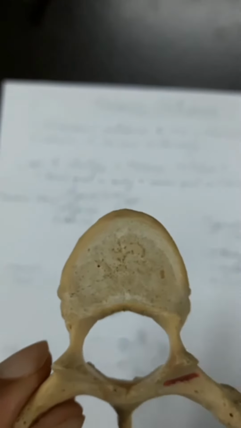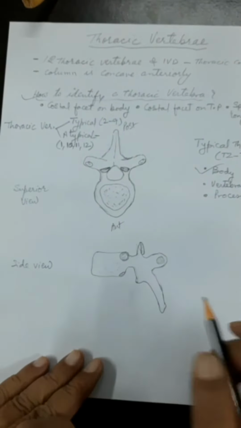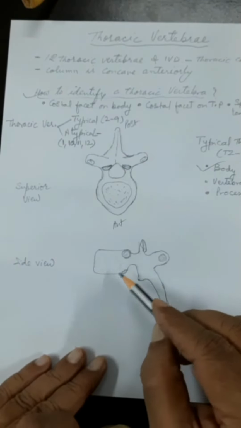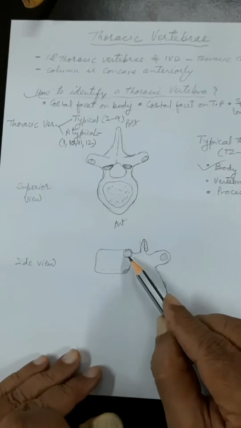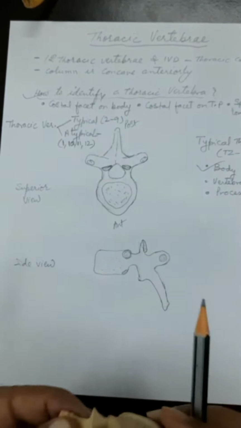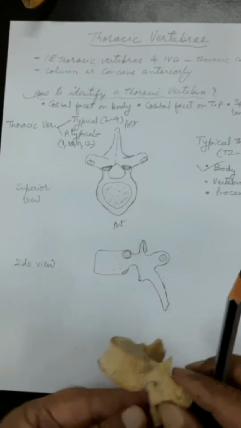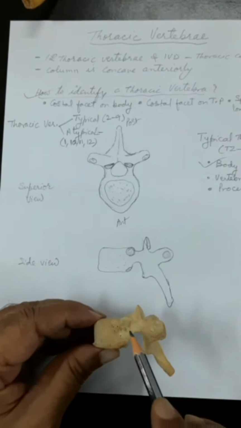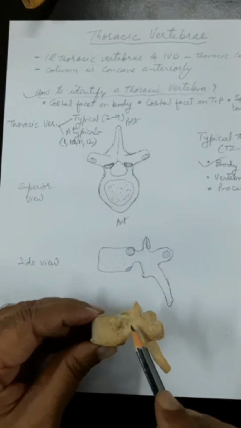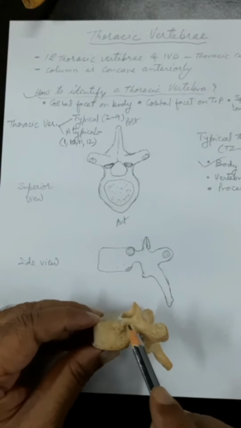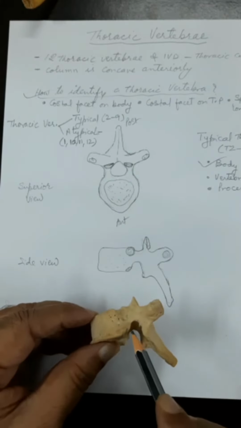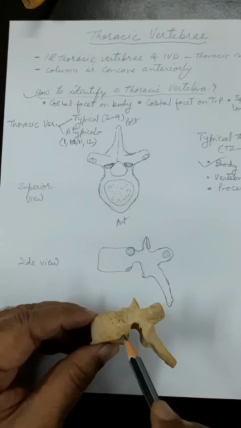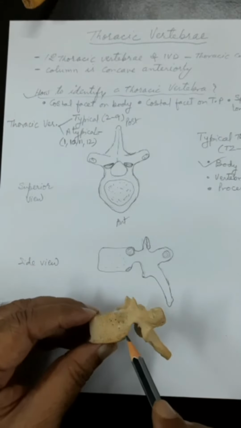Now if you see the body from the lateral side, the feature to be noted is the presence of an articular facet near its upper border, encroaching onto the pedicle, and a small facet near its inferior border.